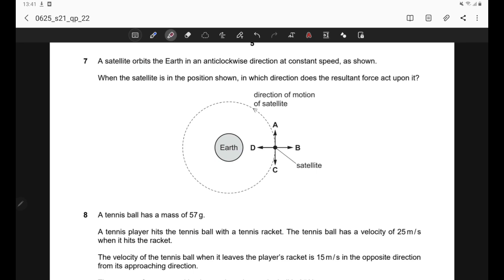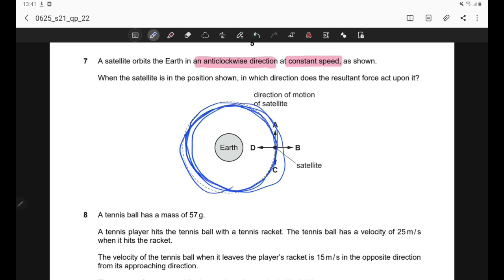Question number 7. A satellite orbits the Earth in an anti-clockwise direction at constant speed as shown. When the satellite is in the position shown, in which direction does the resultant force act upon it? We can see in this figure a satellite which moves in an anti-clockwise direction around the Earth, and at all points it has a constant speed.